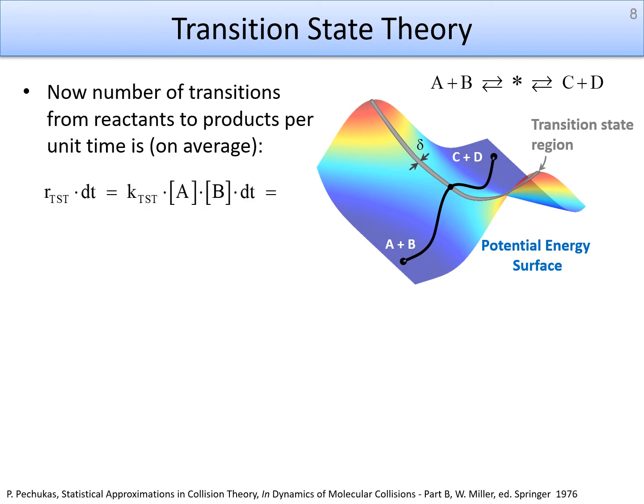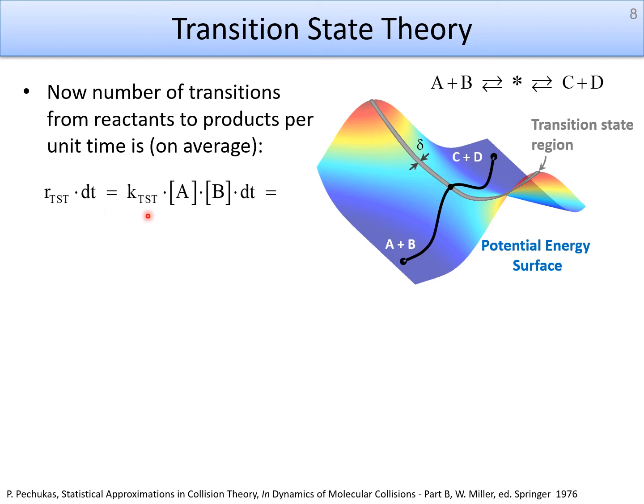Next, we need to make a statement about the number of transitions from reactants to products per unit time. So this, on average, is equal to the rate from transition state theory times dt. So this would be the average number of transitions, reactive transitions, within a differential time interval, dt.